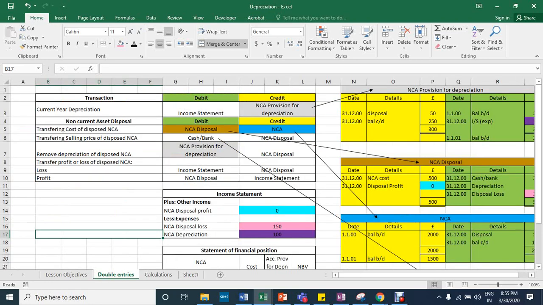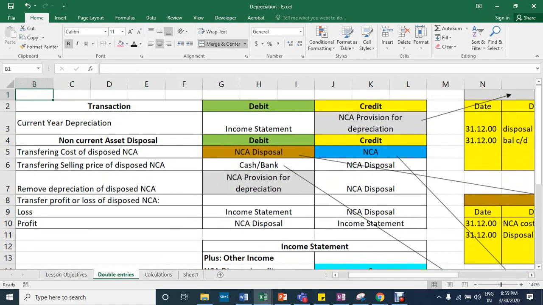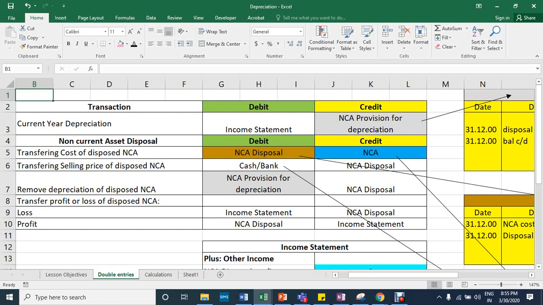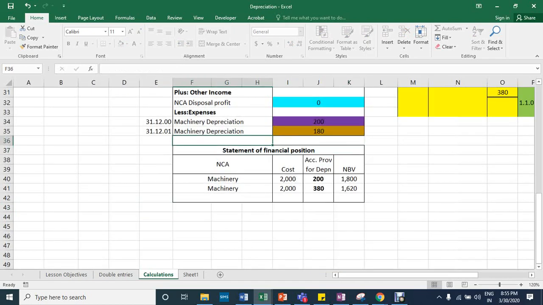Now moving back to the double entries, you should be very clear with the double entry of current year's depreciation. You debit income statement and credit non-current provision for depreciation account. Just now we did a calculation for straight line method.